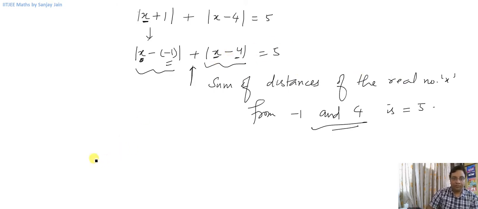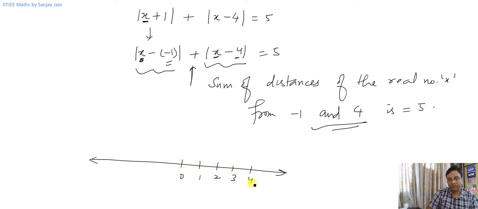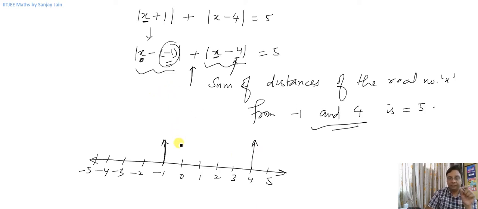Let me draw this number line for you to visualize this problem. 0, 1, 2, 3, 4, 5, -1, -2, -3, -4, -5. So there is a number -1, which is this one. There is another number 4, that is this. Now I am looking for a real number x, the sum of distances of which from -1 and 4 is equal to 5.